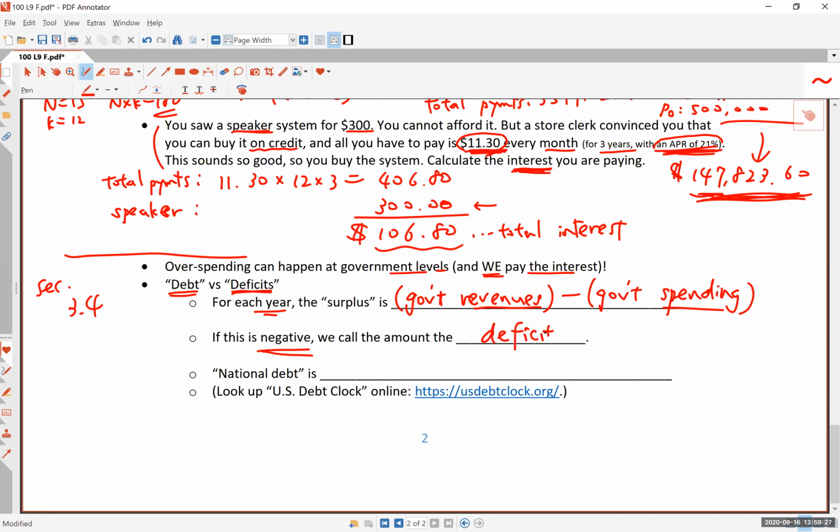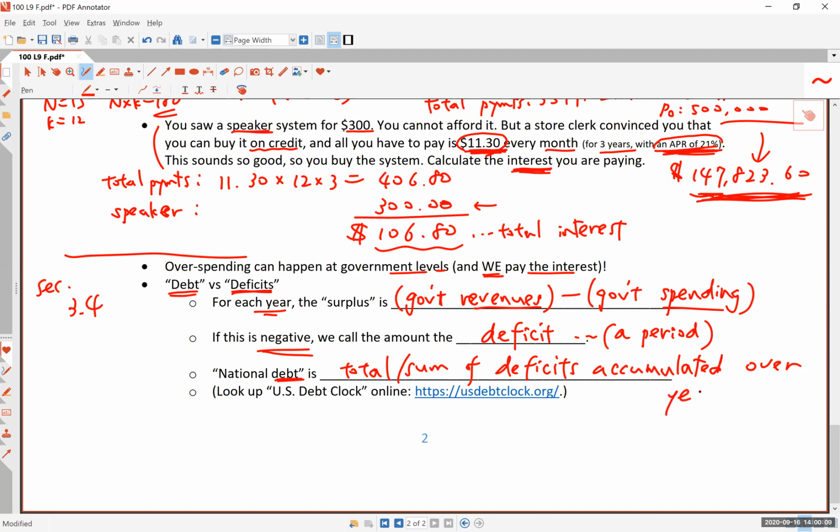The deficit happens for a period, like a year or a month or a decade. The word deficit is different from the word debt. So let's say 1 year your deficit is $1 million. Next year your deficit is $2 million. Now in total you have $3 million. That is the accumulated amount. That's called the debt: the sum of deficits accumulated over many periods or multiple years.